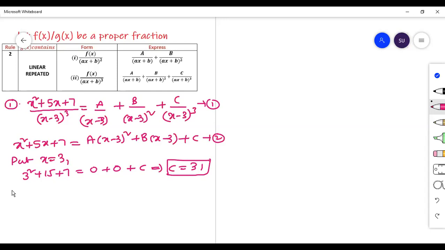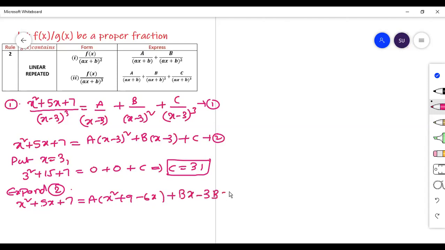Now we will expand equation number 2 for convenience. Why are we expanding? Let us see. x square plus 5x plus 7 is equal to, now if we expand x minus 3 whole square, that is a minus b whole square, x square plus 9 minus 6x, plus Bx minus 3B plus C. So on both sides we will equate the coefficients.